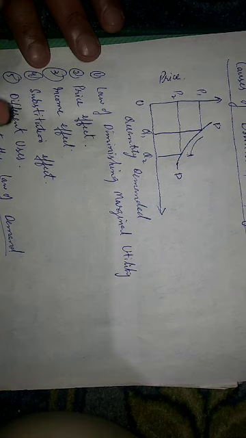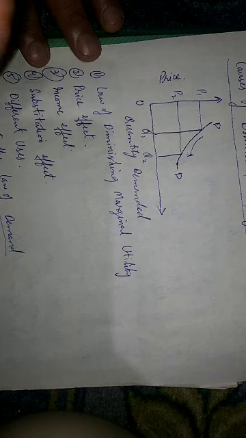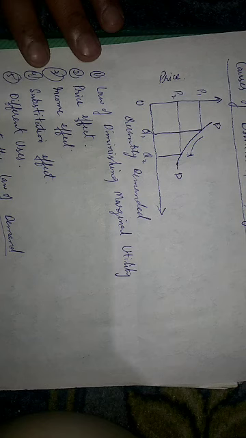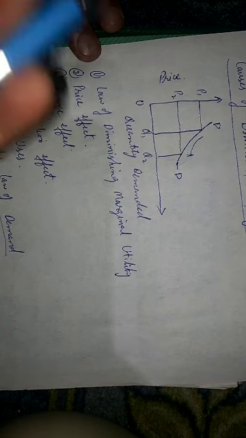Under the influence of this effect, with the fall in the price of the commodity, the consumer buys more of it and also spends a portion of the increased income in buying other commodities. For instance, with the fall in the price of milk, he will buy more of it, but at the same time, he will increase the demand for other commodities.